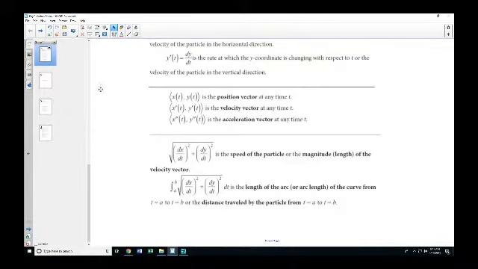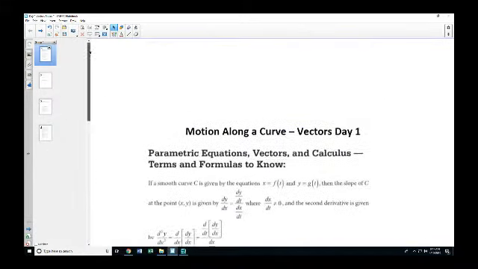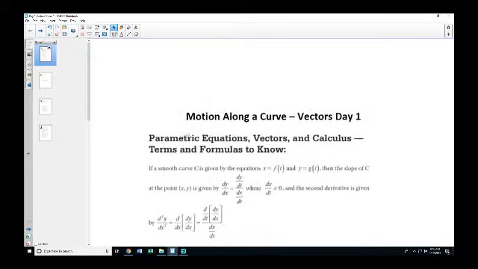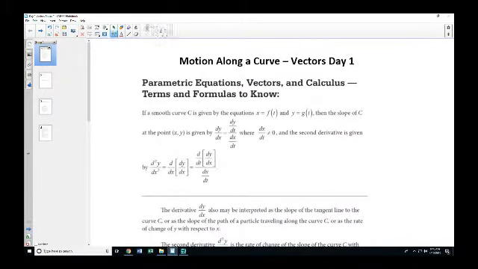A vector is a quantity. Basically it's an arrow, but what we have is a direction and a magnitude.